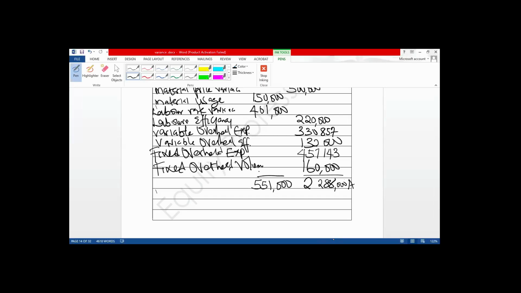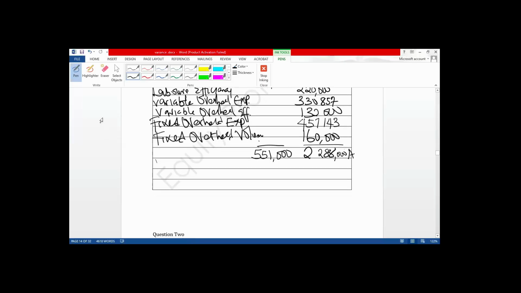Whenever you say 2 million, I know there's a problem. The figure is not up to 2 million. This is the figure we got, 1.8 million.